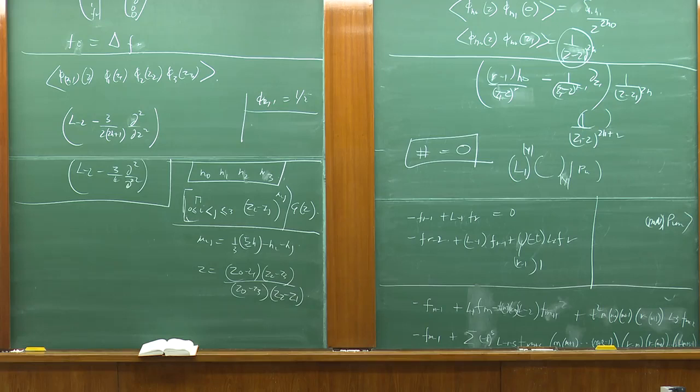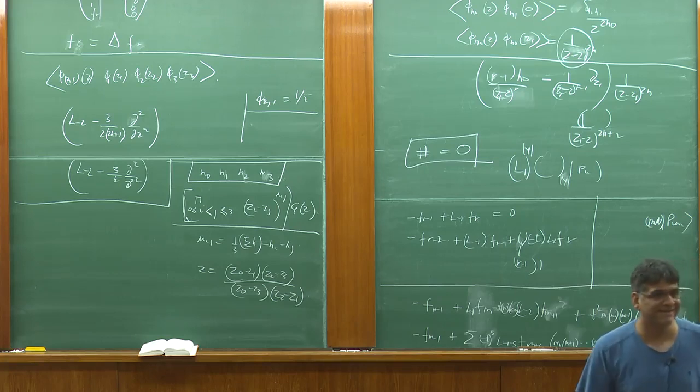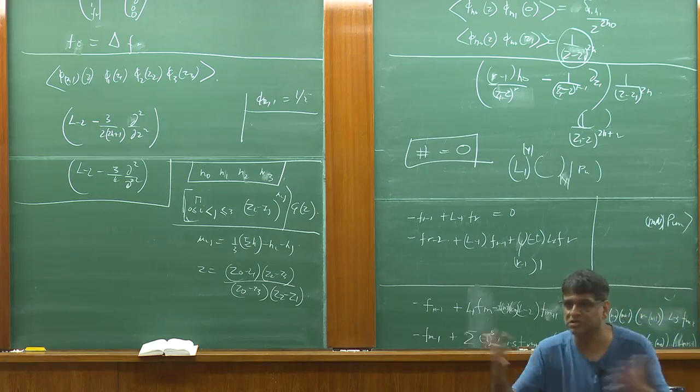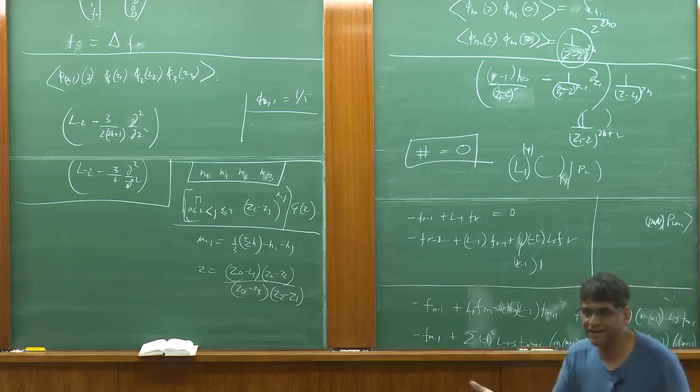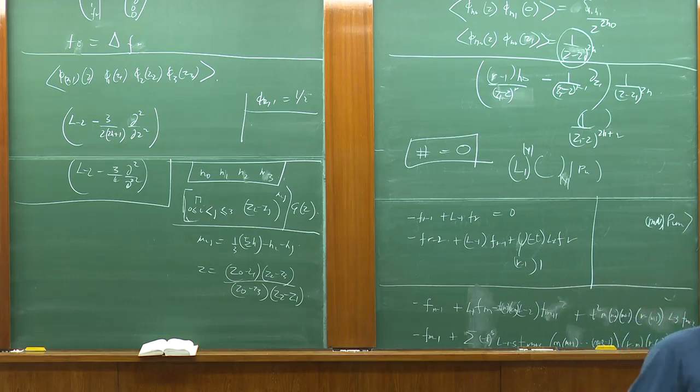Now, of course, there was no canonical choice for the prefactor, because I can multiply that prefactor by any function of z. That will amount to a redefinition of this g of z. So there's no right choice or wrong choice for this prefactor. The prefactors are only well defined up to multiplication by functions of z.